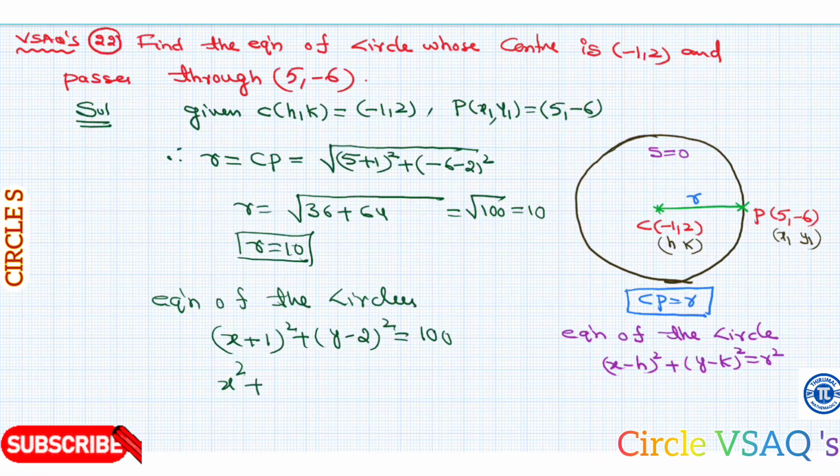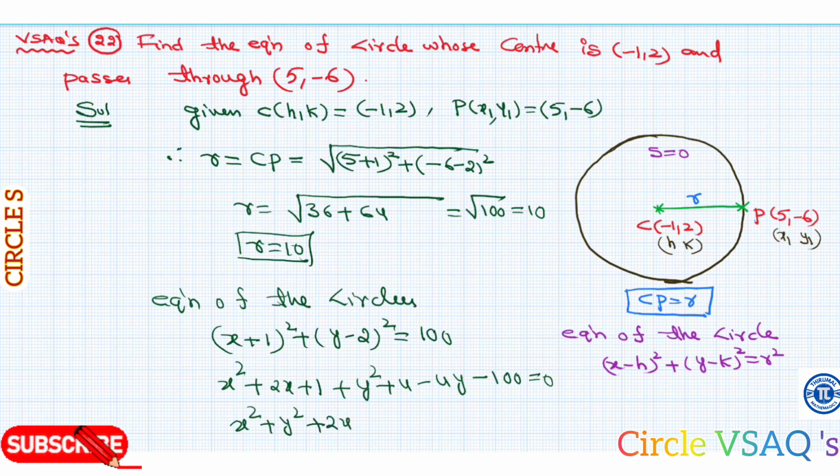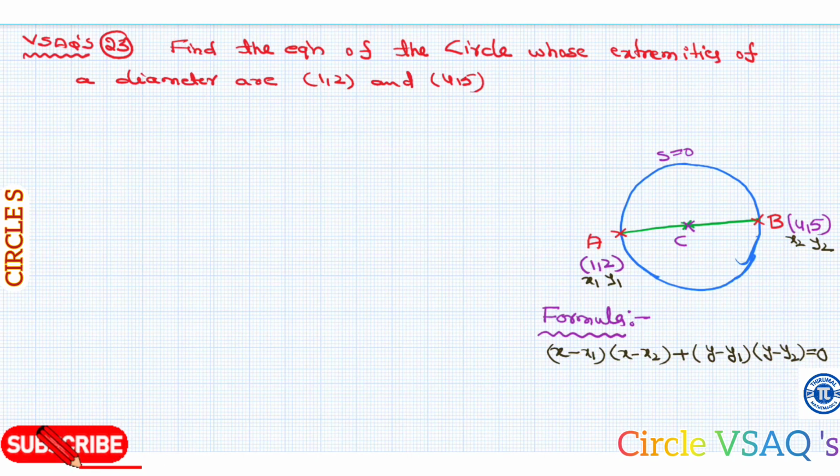Expanding: x square plus 2x plus 1, which is (x plus 1) whole square, plus y square plus 4 minus 4y minus 100 equal to 0. So x square plus y square plus 2x minus 4y minus 1 plus 4 plus 5... minus 100 is minus 95, equal to 0, is the equation of the circle which is passing through (5, -6) and having the center (-1, 2).